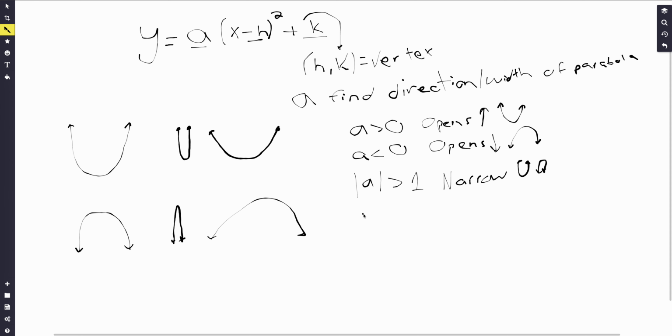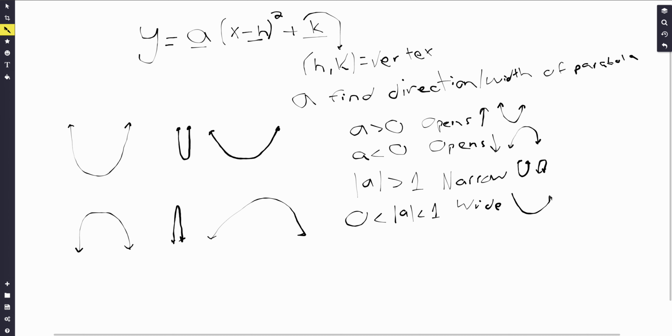Our last requirement is that if 0 is less than the absolute value of a, which is less than 1, then the parabola is seen as being more wide.